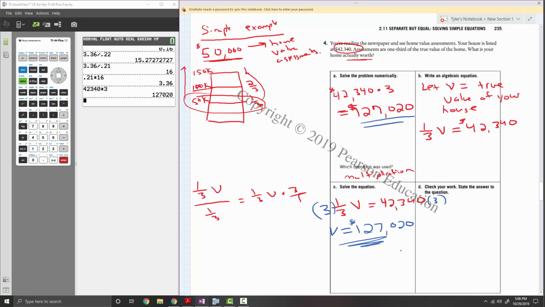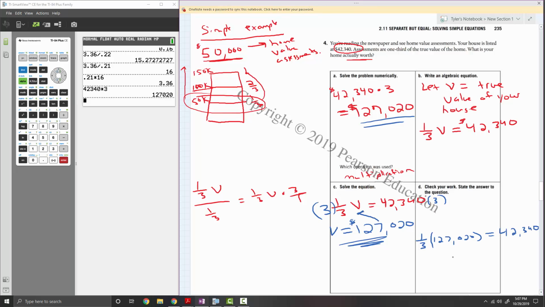Right? So that's the amount that we get. And of course, to check our work, right, we would take 1/3 times our answer, so plugging in 127,020 for V, and we want that to equal 42,340, right?